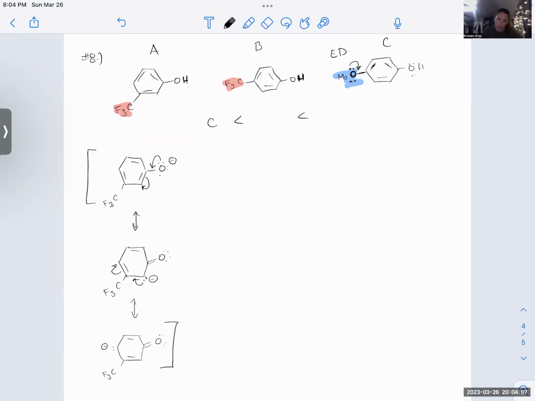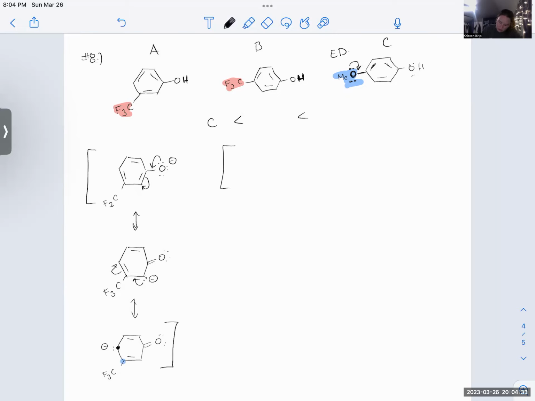Okay, but then we also have to compare it to B. And B actually is going to have more resonance because it's further away. And you can see that the electrons actually go onto this carbon, right? So they kind of skip around this carbon. They kind of skip it.